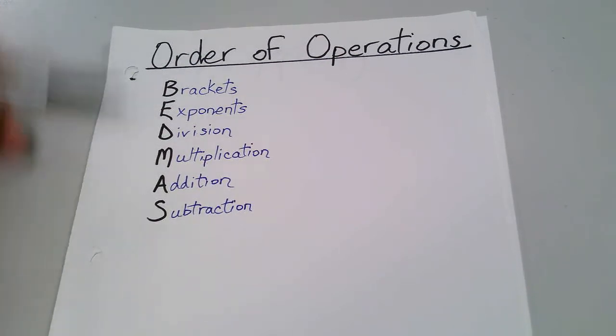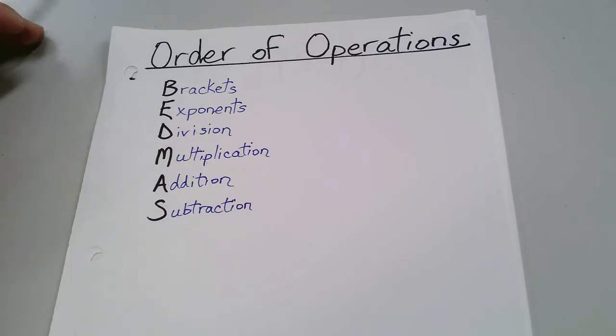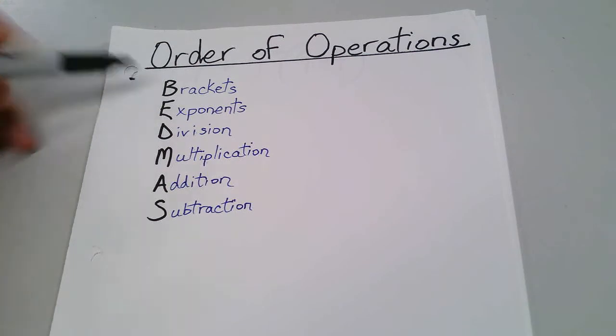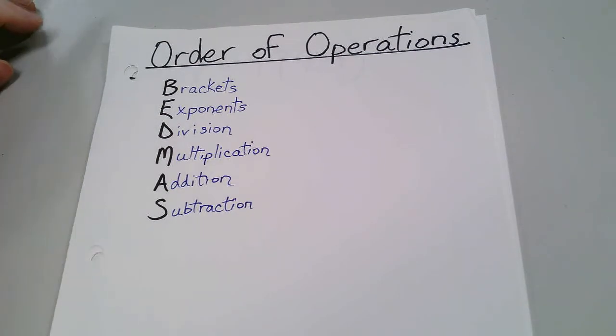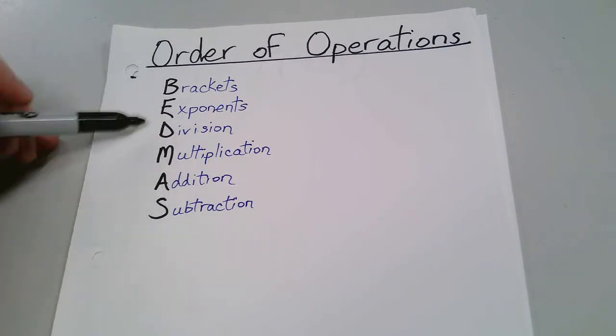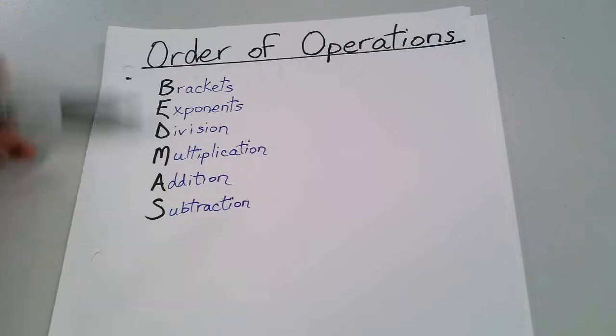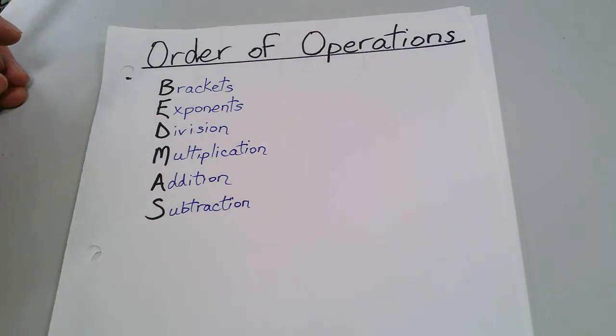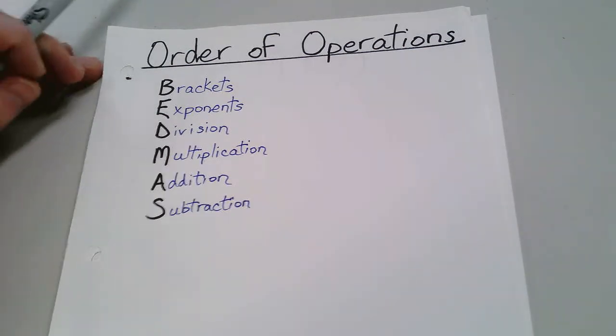BEDMAS is just the acronym used to help you remember the order, because you don't just do mathematical operations from left to right as though you were reading text. It is following the BEDMAS formula here. As you can see, this isn't new. The only thing that may be a little bit different with today's lesson is some of the questions are just a little bit more sophisticated than ones you've done in the past.